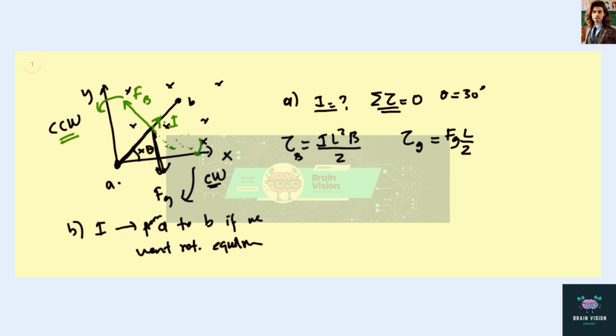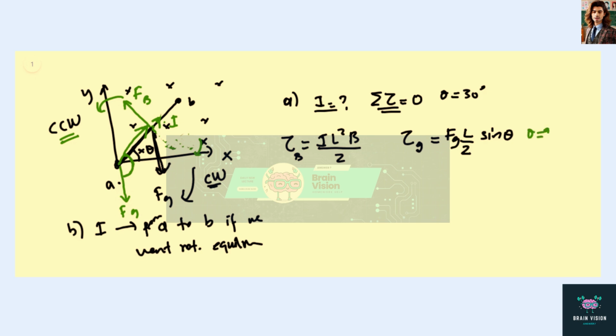And now we have to figure out the angle between F_G and the r vector. Sorry, r and the F_G vector, right? So if we do that, let's show the direction of r. Direction of r is along this particular direction. F_G is down. I have to carry this here to find the total angle between the two. So it's actually 30 plus 90 from here, right?